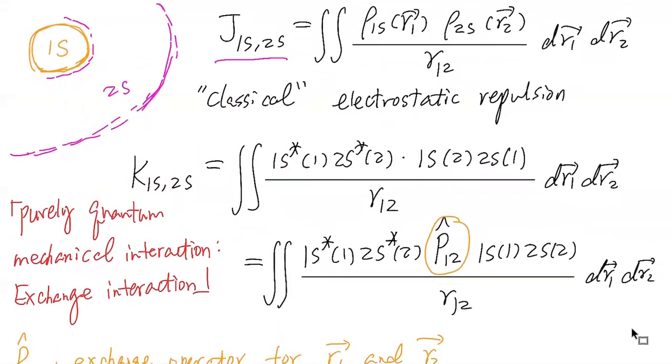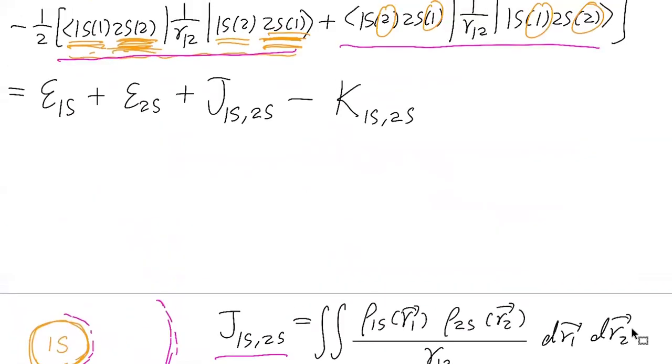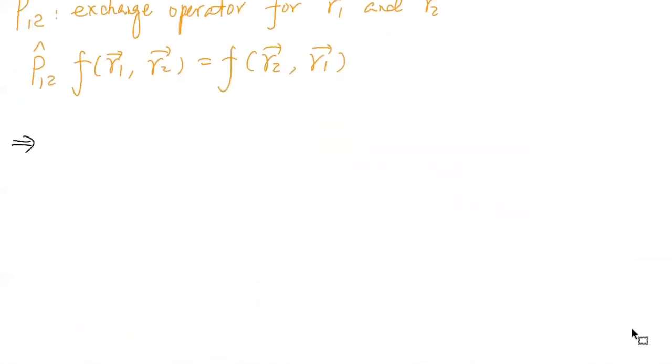So if you write the exchange integral in this way by using the exchange operator, then you can combine the Coulomb interaction and exchange interaction together. That is to say, we can combine the last two terms together. So now you see the last term, J(1s, 2s) minus K(1s, 2s), can be combined together into one expression.